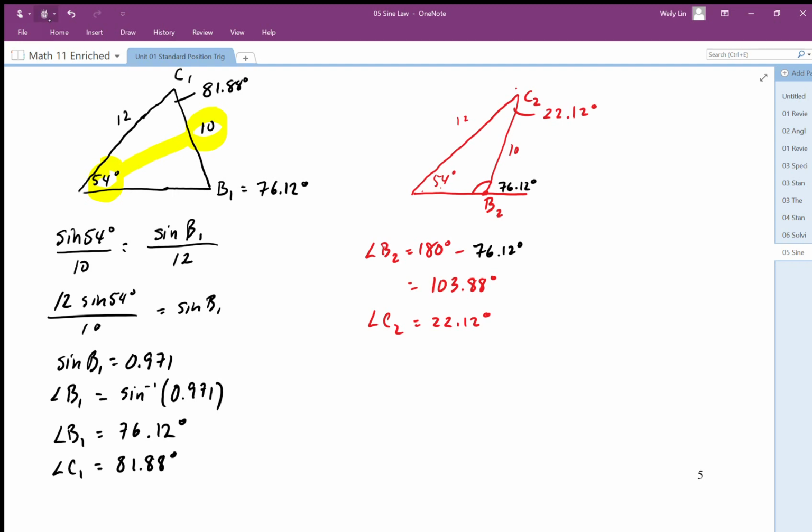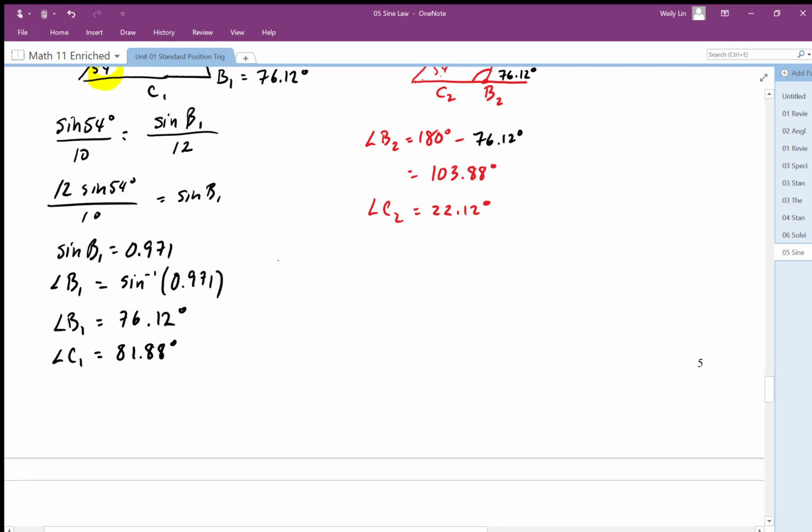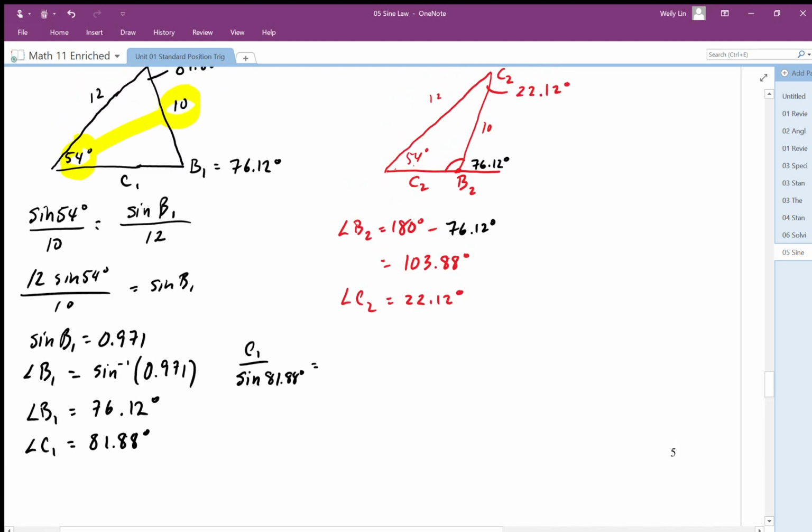We just need to solve for the third side now. That's side C1 here, and that would be called C2 over here. So solving for C1: side C1 over sine of 81.88 degrees is equal to, and I use my original side opposite angle pairing, so side length C1 is equal to 10 times the sine of 81.88 degrees divided by the sine of 54 degrees.